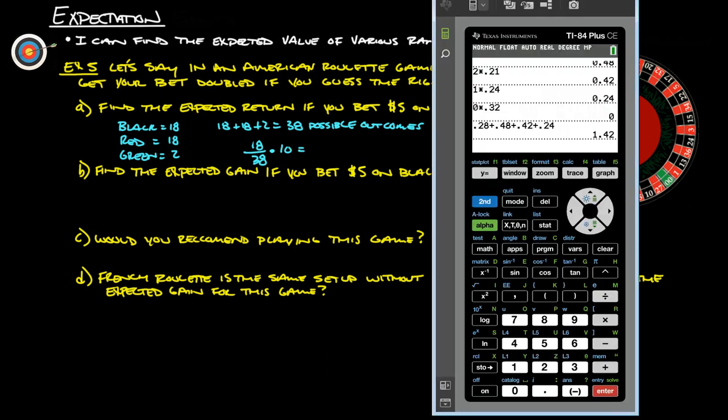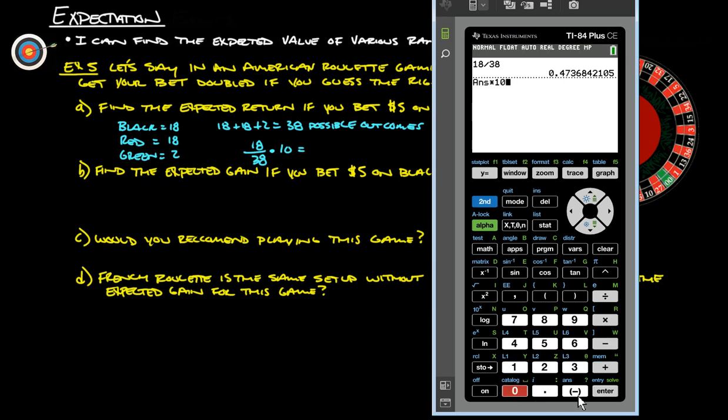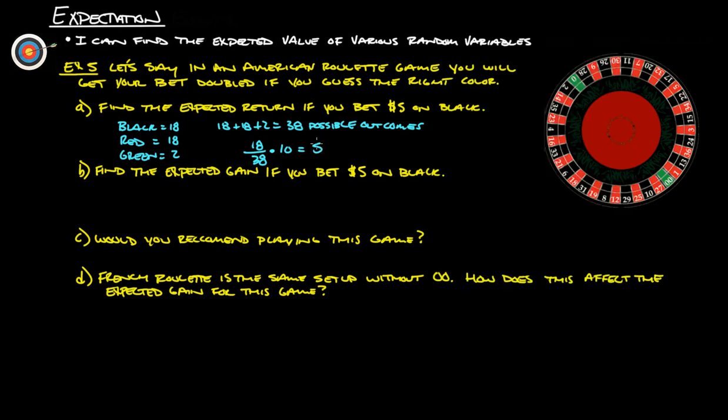So we calculate 18 divided by 38 equals 0.47, and then we multiply that by 10. The expected payout is $4.74. But remember, our formula is your expected payout minus what it costs to play. So for part A, the expected return is $4.74.